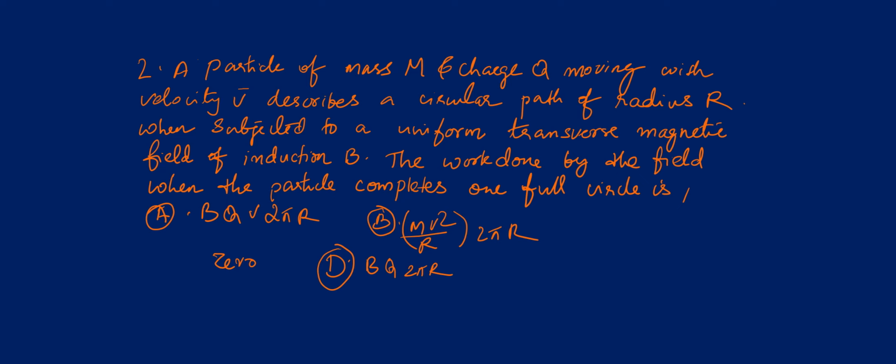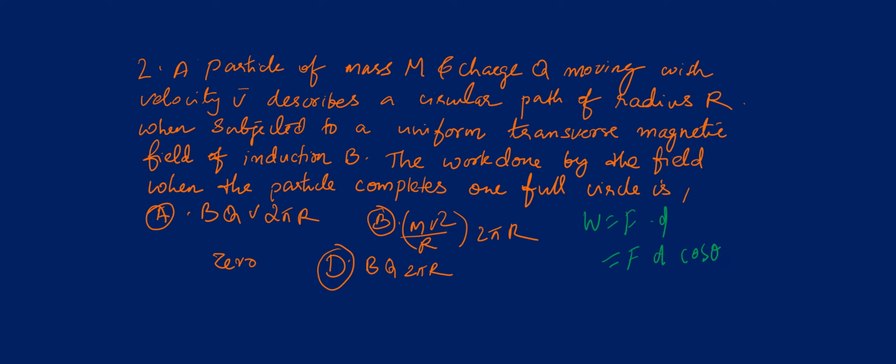A particle of mass m, charge q, moving with velocity v describes a circular path of radius r when subjected to a uniform transverse magnetic field of induction B. The work done by the field when the particle completes one full circle is: work done is F dot d, or Fd cos theta.